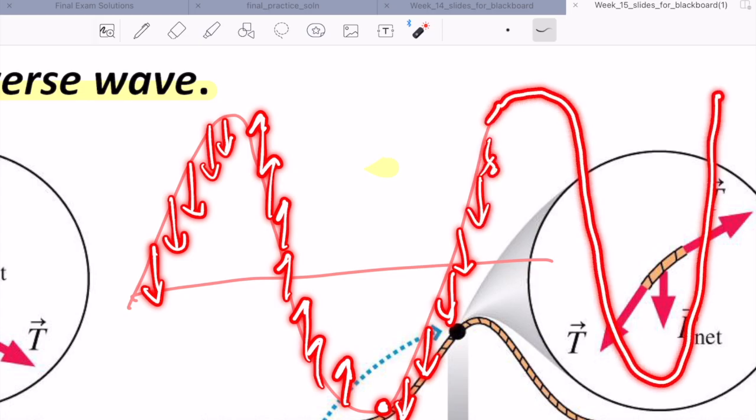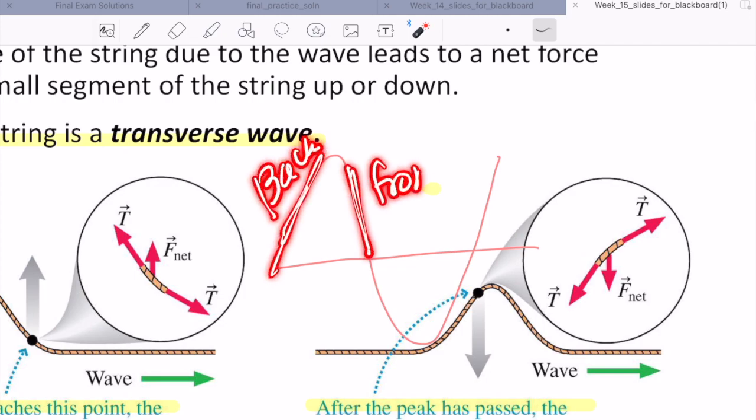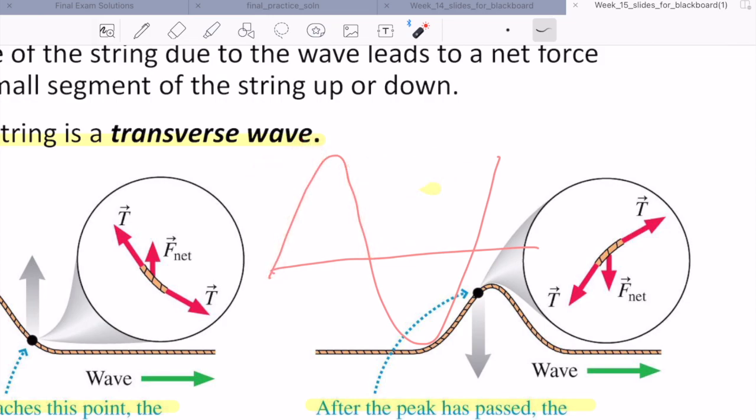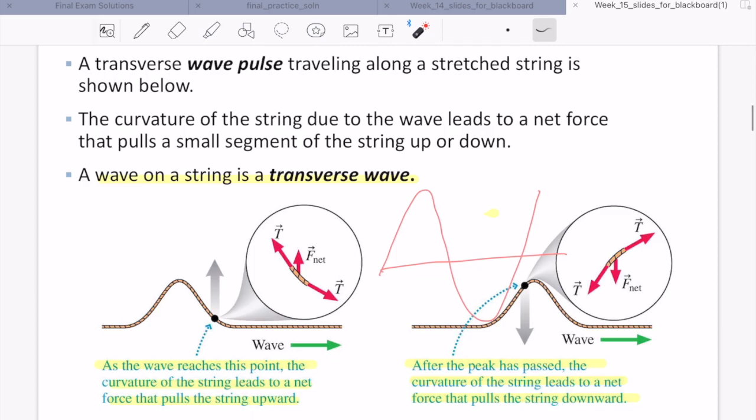If I were to continue this, I see downwards, downwards, and then upwards again. So the idea here is that there's a back side and a front side to the wave. The front side is pulled upwards to propagate that wave forward, and the back side is pulled downwards to keep the wave continuing along, and anything over here is just done, flat. Make sense? All right.